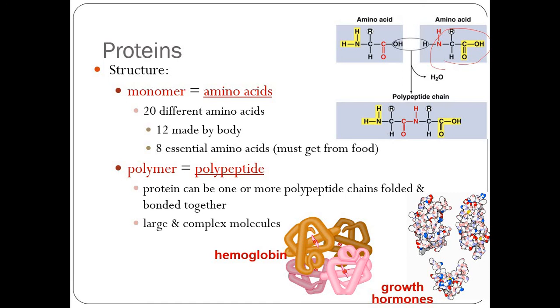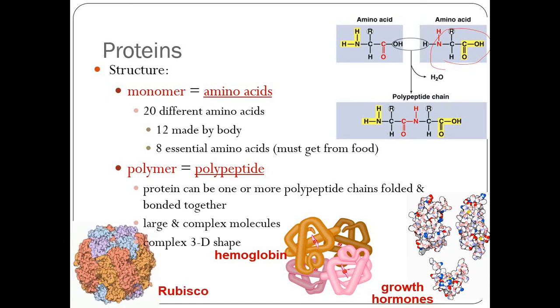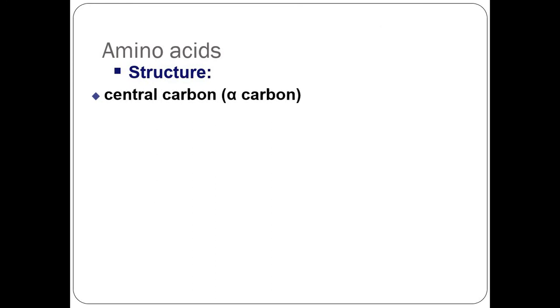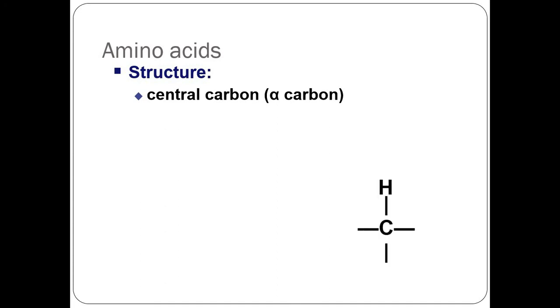So that it is easier to deduce the complex structures of proteins. Okay? So it is a complex 3D shape. This rubisco is another example of protein. So amino acids have the structure. They have the central carbon, which is called the alpha carbon.